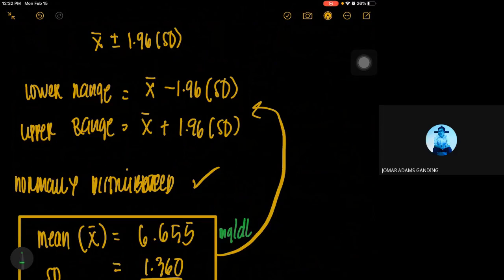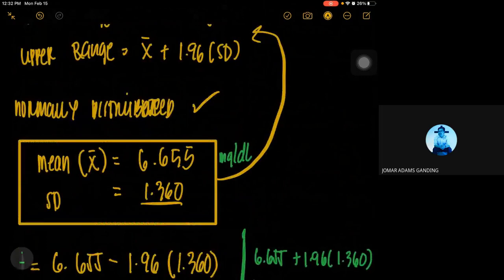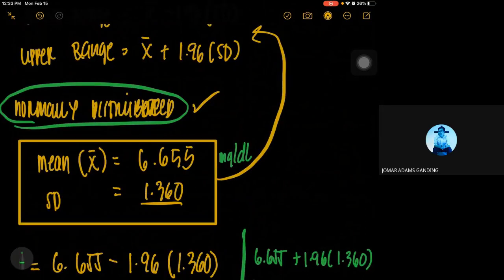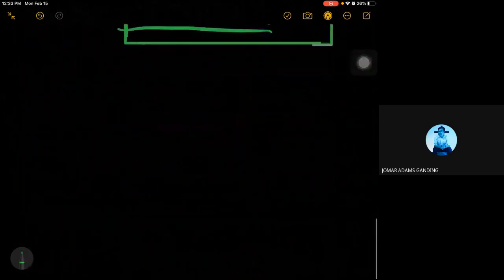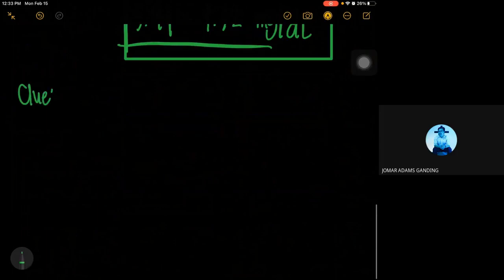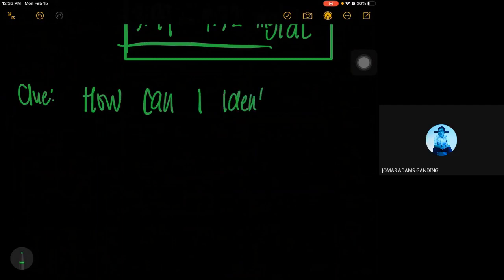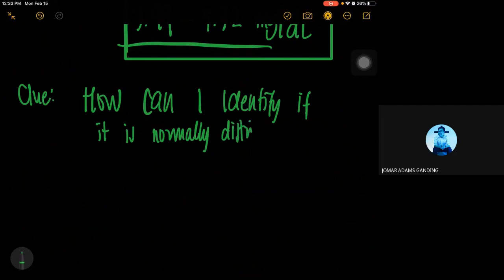But why are students having a hard time with this? Because they fail to identify what is normally distributed and what is not normally distributed. So usually, I'll give you a clue. The question is, how can I identify if it is normally distributed?